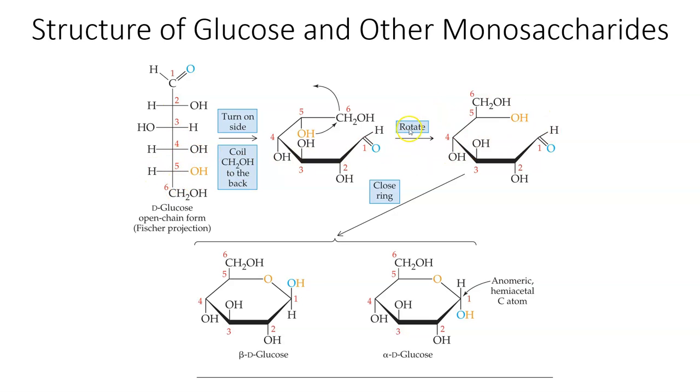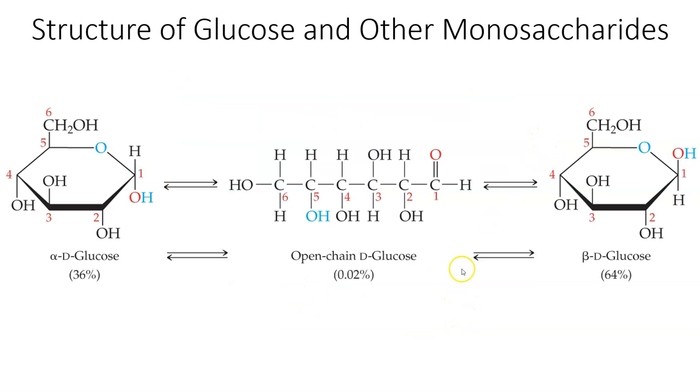Once we rotate this and organize this to create this ability for that oxygen to interact with that carbon center, then we can form these different forms of glucose. So we have beta glucose and alpha glucose, and it just depends on how this aldehyde flips down or flips up on that ring structure.